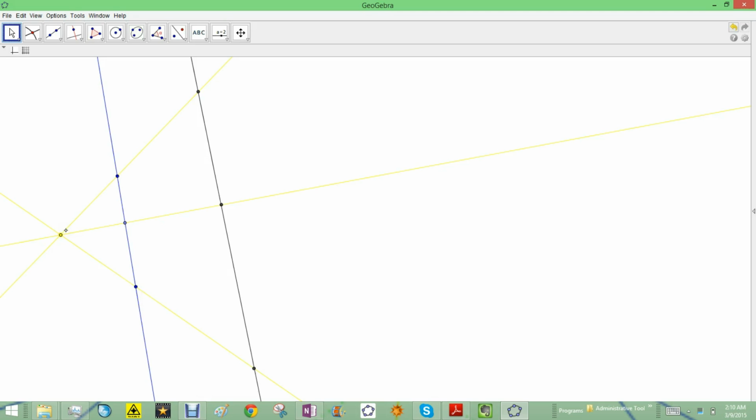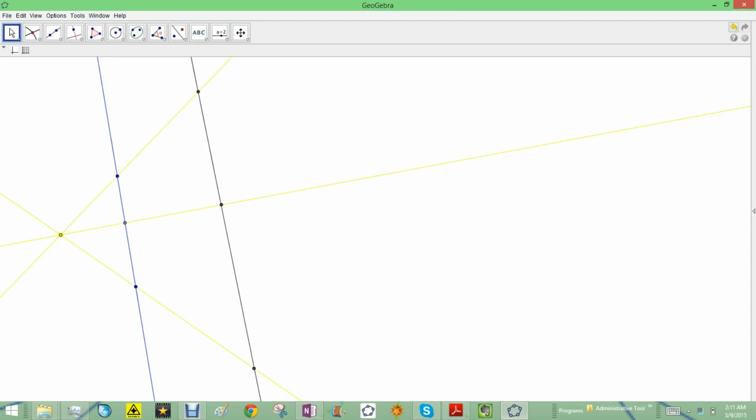A more sophisticated way to say it would be that the ranges of these two lines, which are basically sets of points, are put into one-to-one correspondence in such a way that when a point in the range of one line corresponds with a point in the range of another line, then if you take those two points, let's say point A in the blue line and point B in the black line, the line AB is going to be a member of the pencil of this center of perspective, this yellow point.